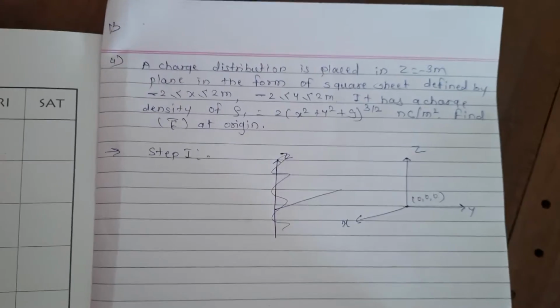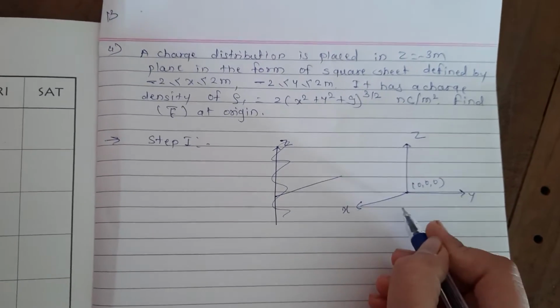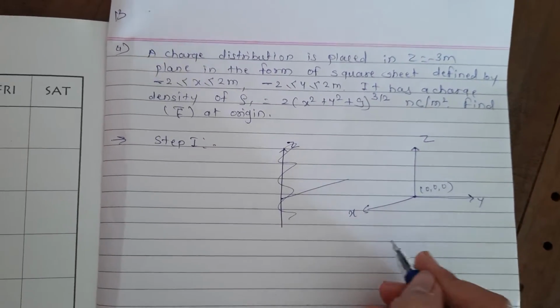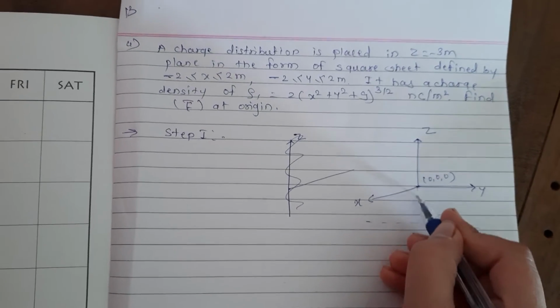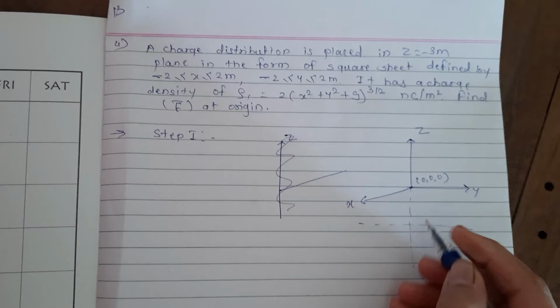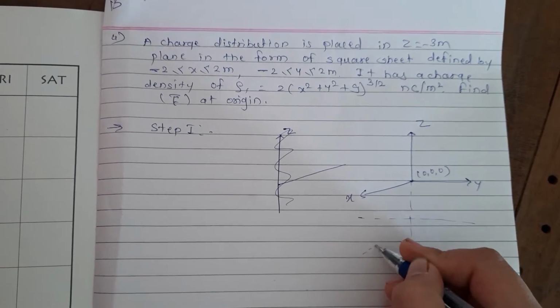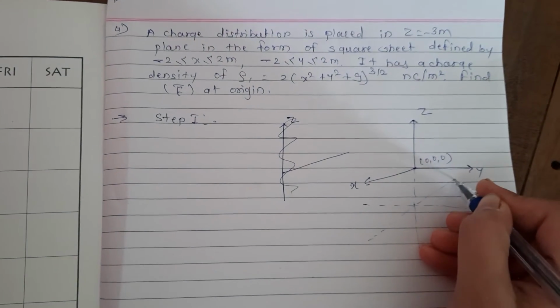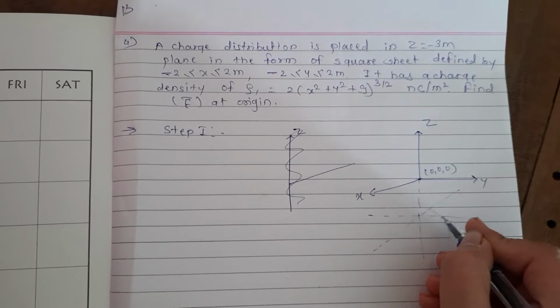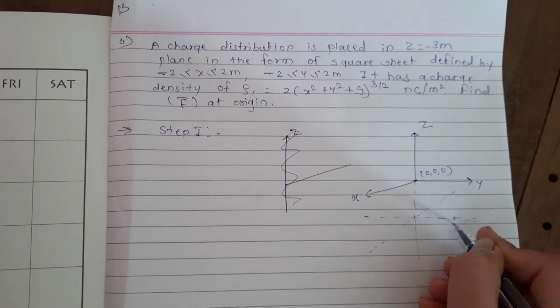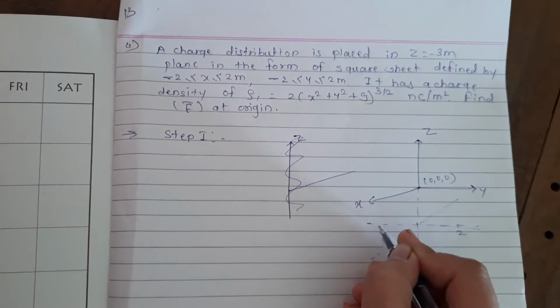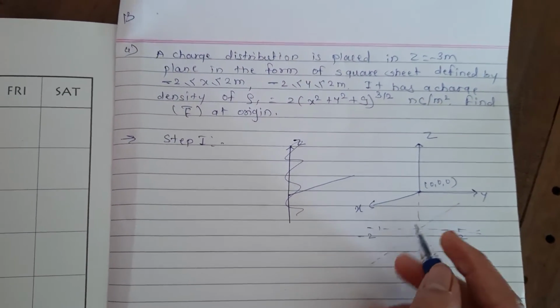Now we have to draw the plane. So this is 2, this is -2.